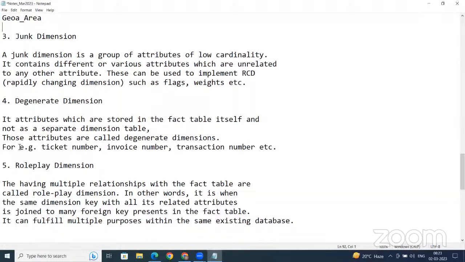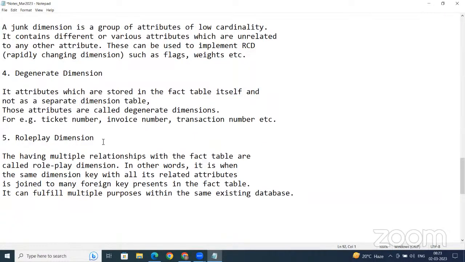The next dimension is the role-playing dimension. It plays a key role in your fact tables. Role-playing dimensions are where there are multiple relationships to the fact table. In other words, it has the same dimension keys related to attributes, maybe joining conditions, like foreign keys.